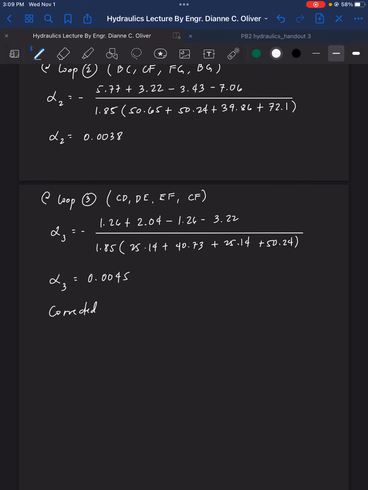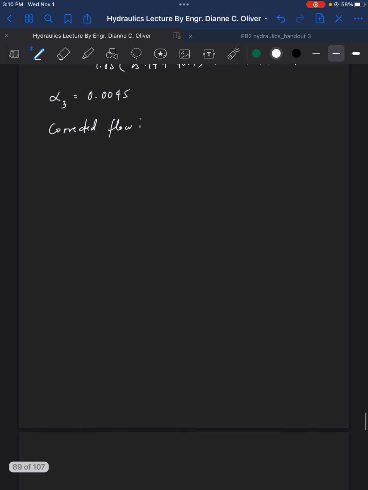Corrected flow. So for the corrected flow, we have QAB, QBG, QGH, QAH, QBC, QCF, QFG, QCD, QDE, QEF.